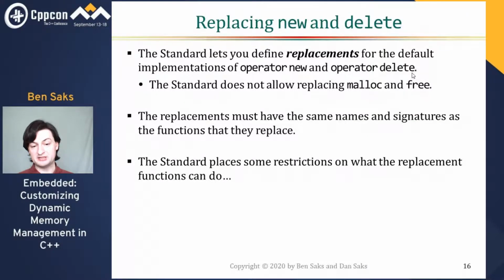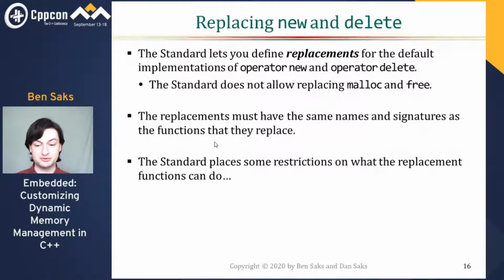This is something you can't do in C. You're not allowed to replace malloc and free, but you are allowed to replace what operator new and operator delete do. Now, the replacement functions look exactly like the functions that they're replacing. You're just writing them yourself instead of relying on an implementation provided by the toolchain vendor.